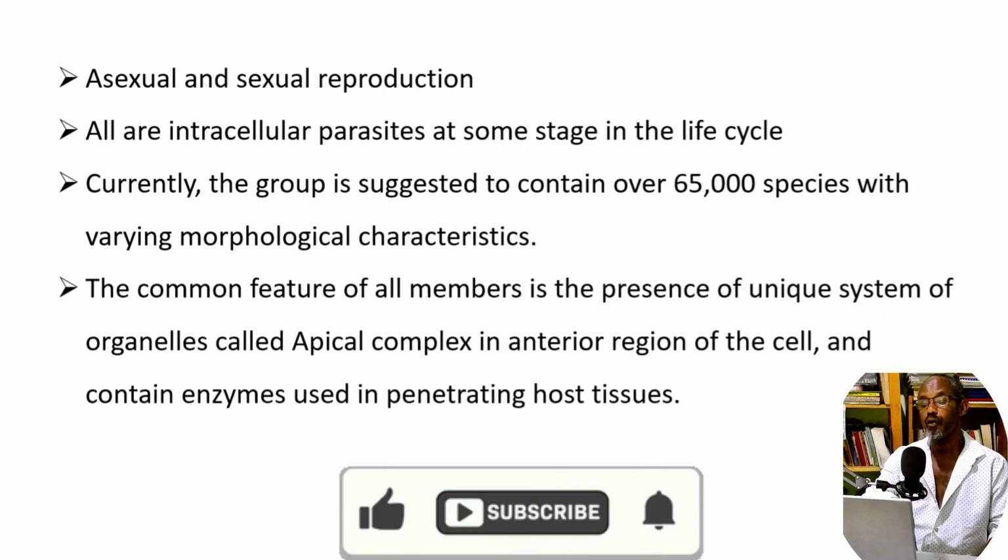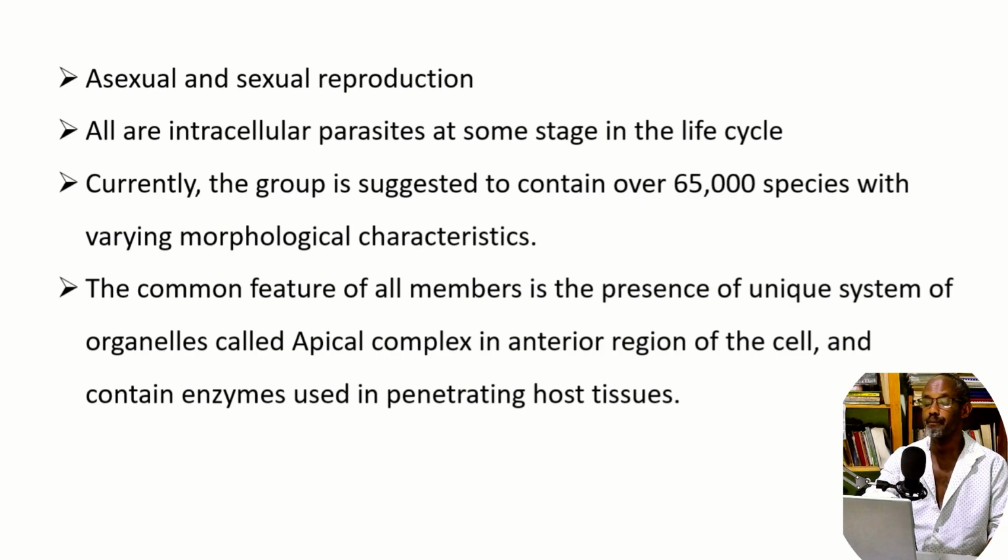The common feature of all members is the presence of a unique system of organelles, as I have told you earlier, called the apical complex in the anterior region of the cell. I will show you. I do have a picture here to show the apical complex. And certain enzymes are also found associated with the apical complex, which enable the parasite to penetrate and enter into the host tissue or host cells.